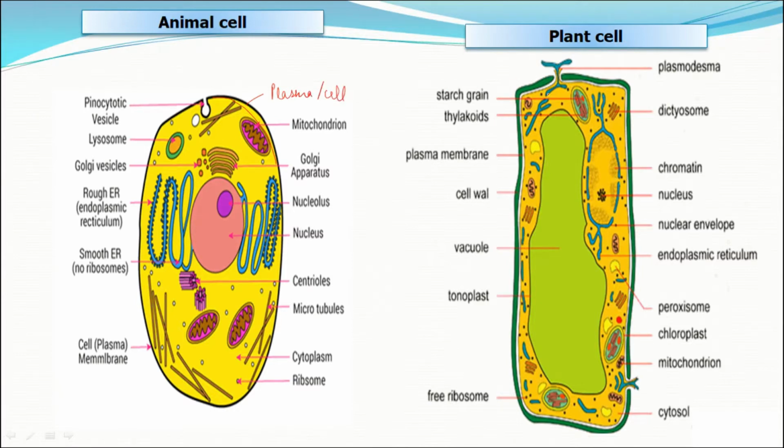But if you look at the picture of plant cell, what will you observe? Plasma membrane is surrounded by an additional membrane which is known as the cell wall and which is made up of cellulose. So we can say cell wall is an additional feature in plant cell.